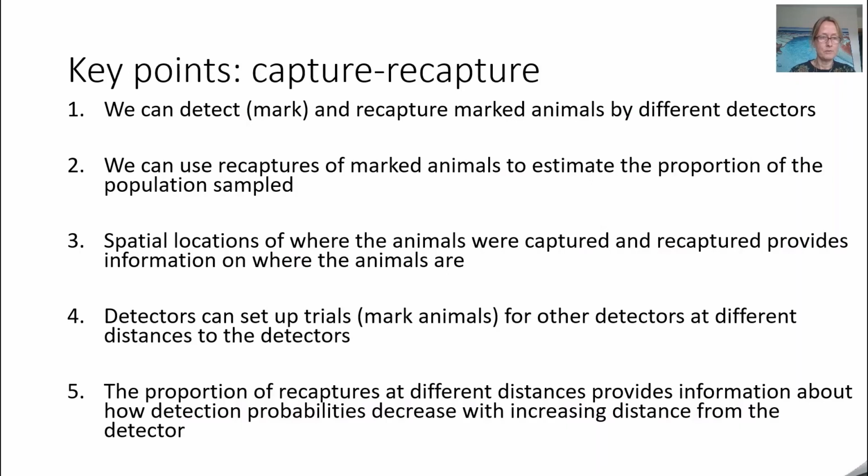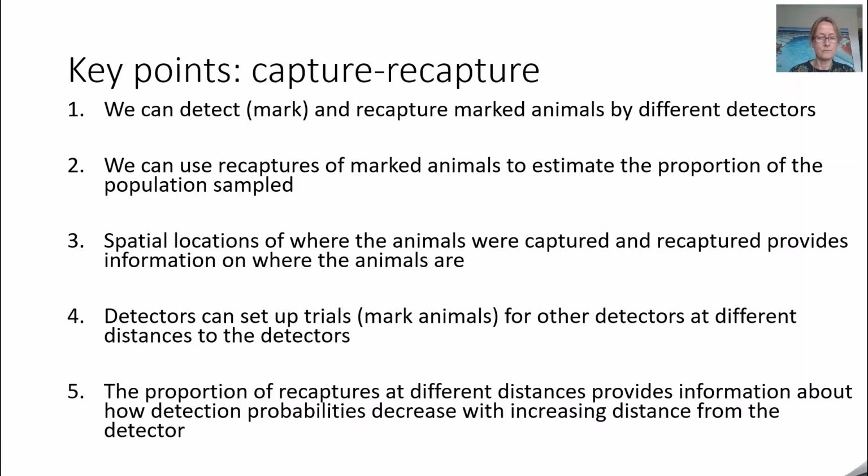So here are some key points to take away from this lecture. We can detect and mark and recapture marked animals by different detectors. We can use recaptures of marked animals to estimate the proportion of the population sampled.